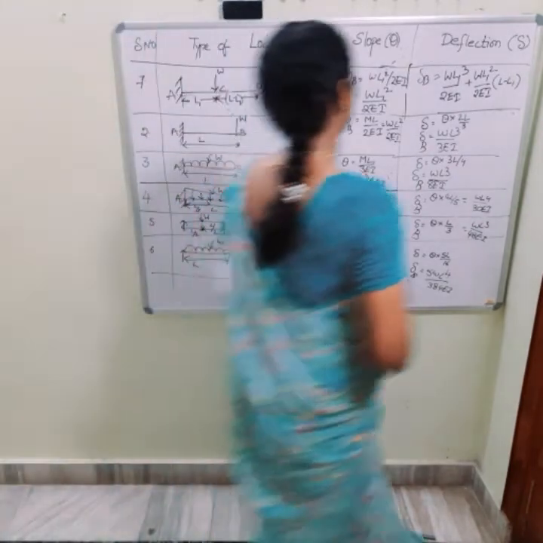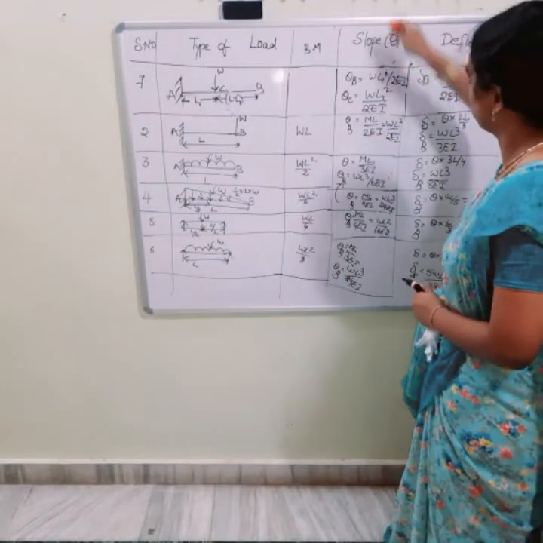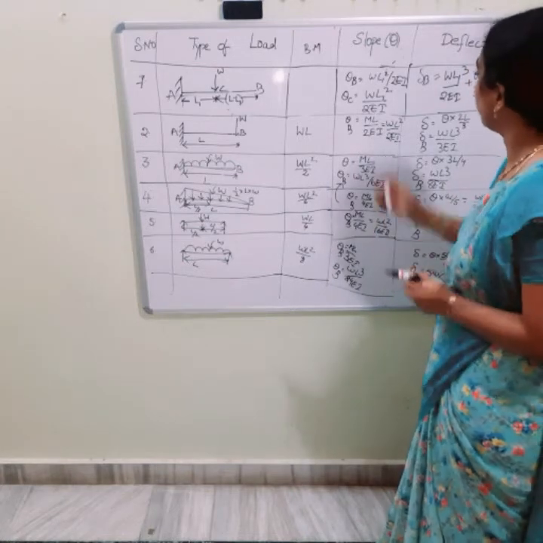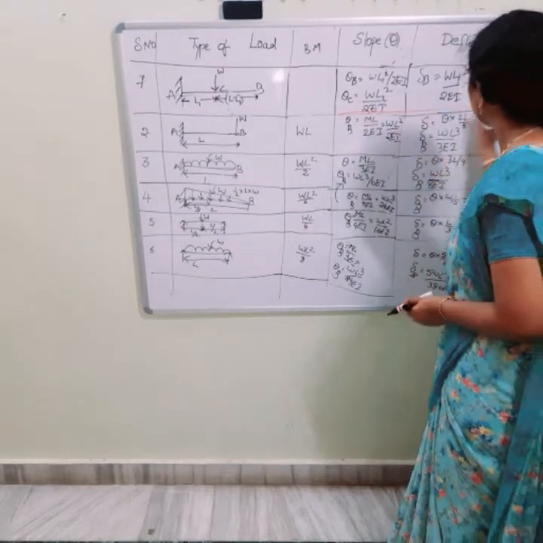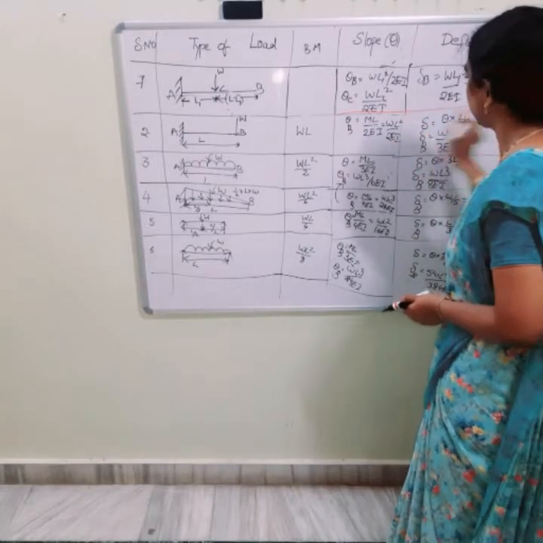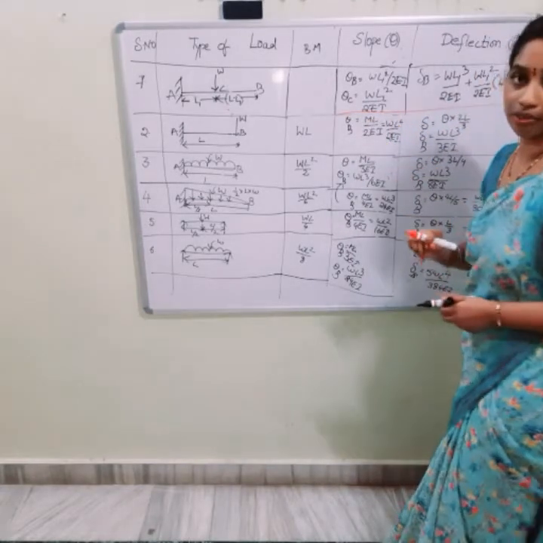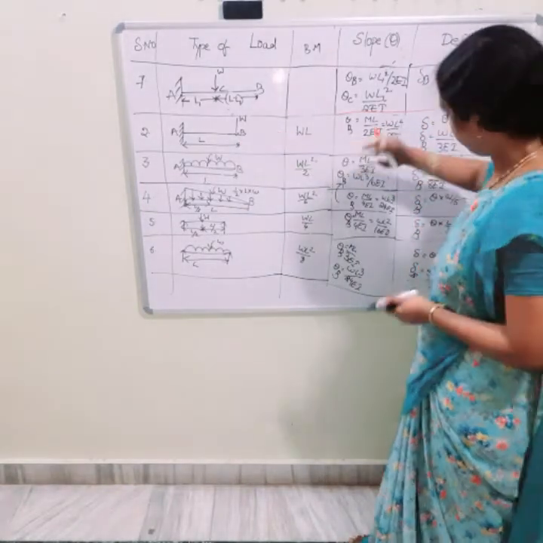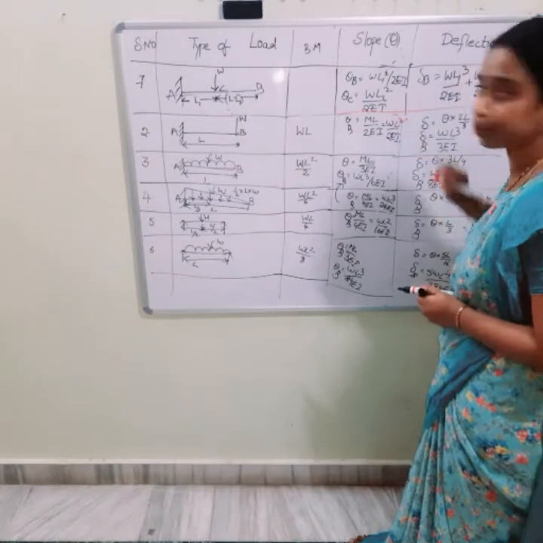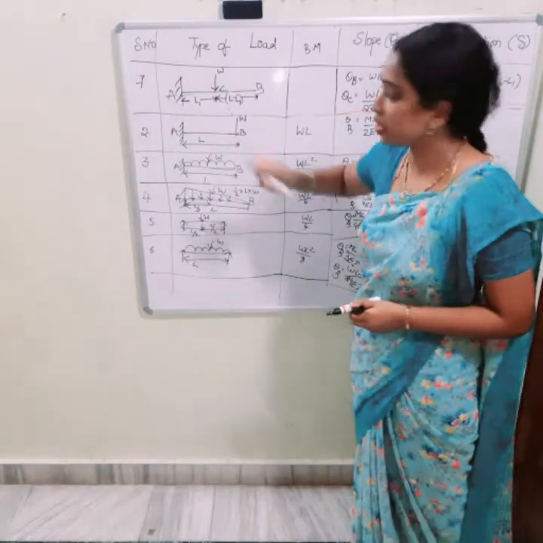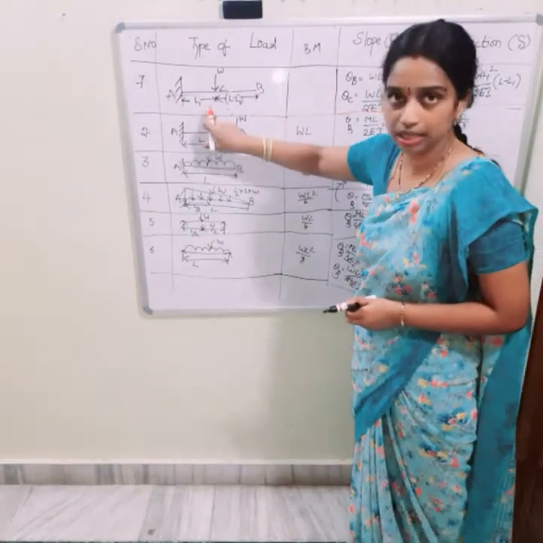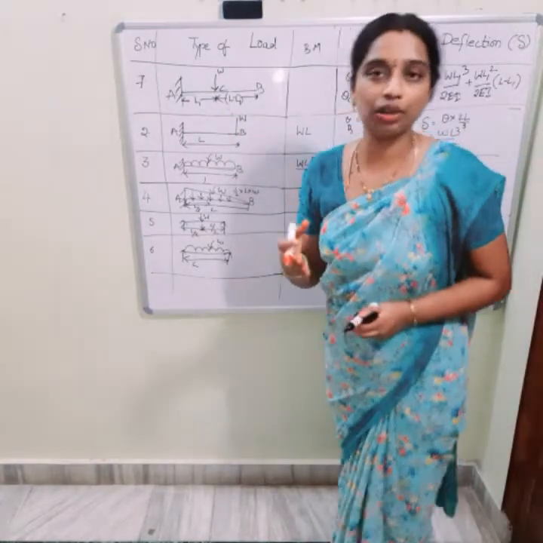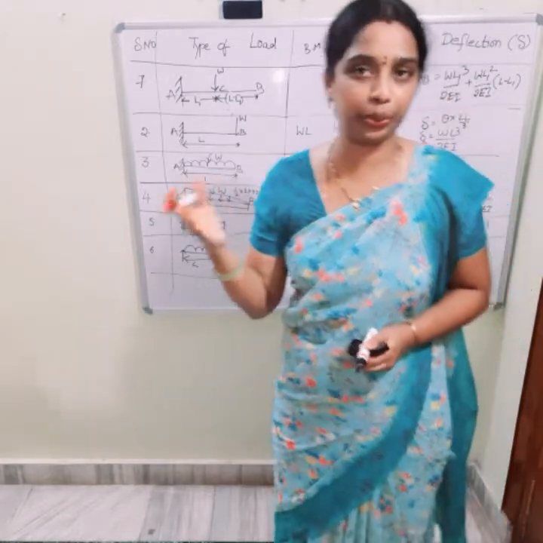See here, once again I am saying, so that you can easily understand, I am drawing another sketch. We know that for this type of load condition the free end deflection is WL cube by 3EI. If the load is acting at some eccentricity, at some distance L1 and L minus L1, then for the cantilever beam the slope at the free end is WL square by 2EI.